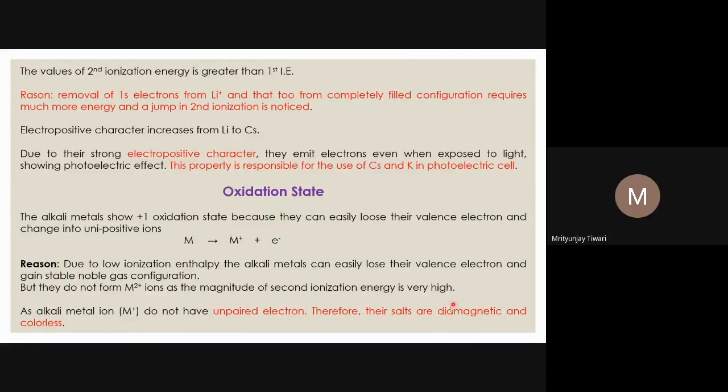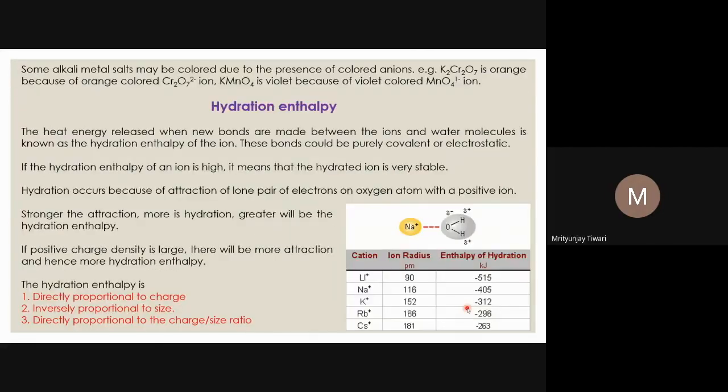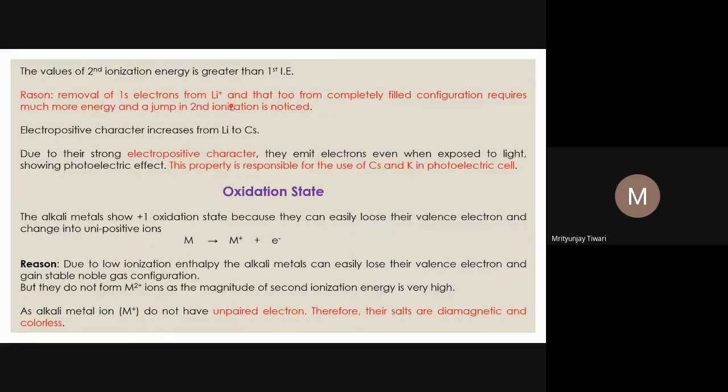So if a material has no unpaired electron, it is diamagnetic. So M plus do not have any unpaired electrons, and these compounds, particularly the M plus salt compounds, are diamagnetic. Some alkali metal salts may be colored, but since they are diamagnetic, they also do not impart colors, because the electrons are not there to be so easily excited to some other state.